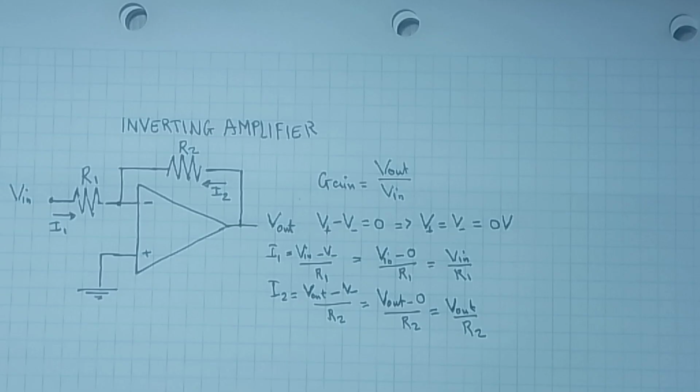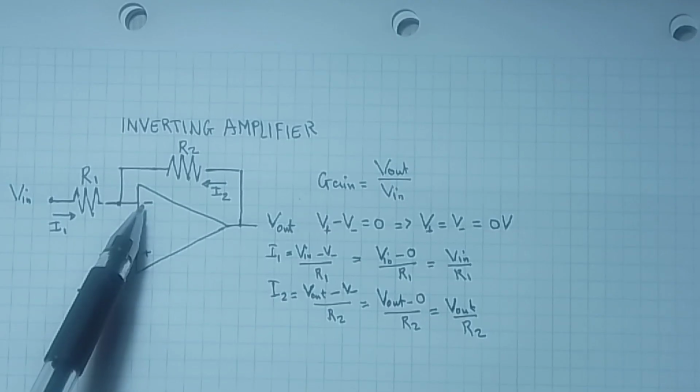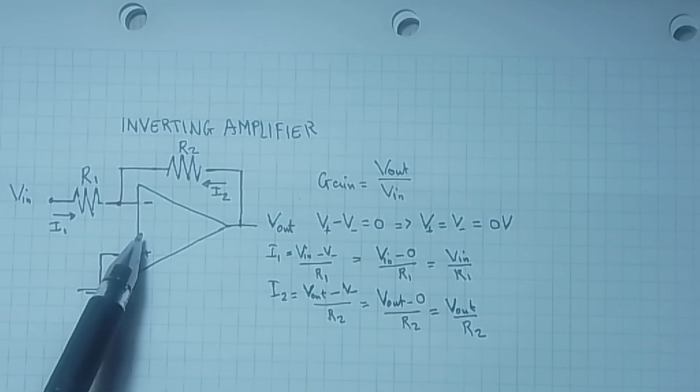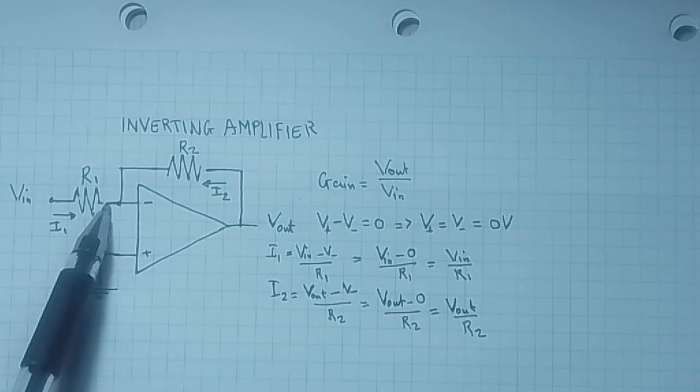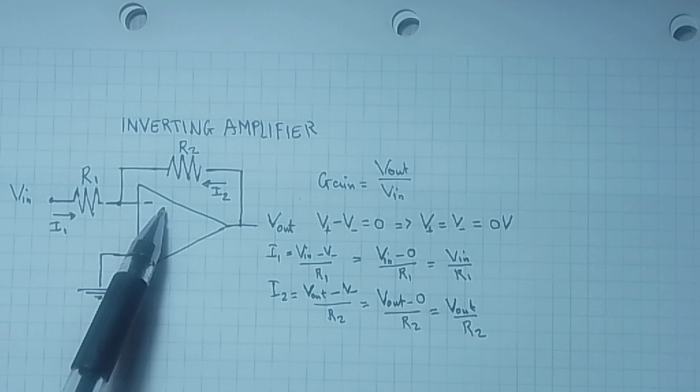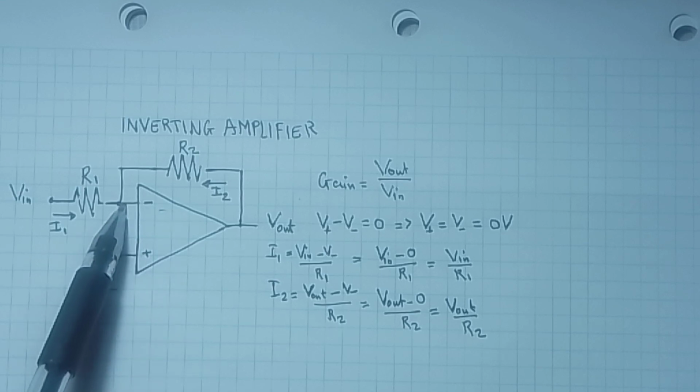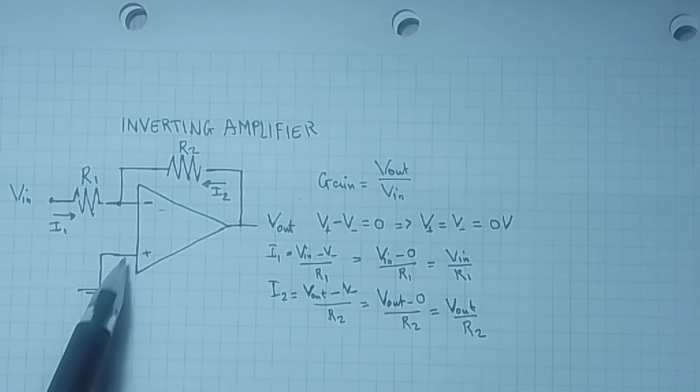Because an ideal op amp has infinite input impedance, no current will be drawn by its input terminals.